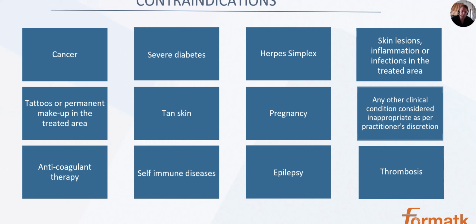You should consult the family doctor about anticoagulant therapy, whether the patient can change it, or consult with the doctor on how we can manage it. Also autoimmune diseases like vitiligo. If you have epilepsy or thrombosis, it's also a contraindication. But anyway, if you have doubt whether you can or cannot, then consult with your dermatologist and follow the laws and regulations of your country.